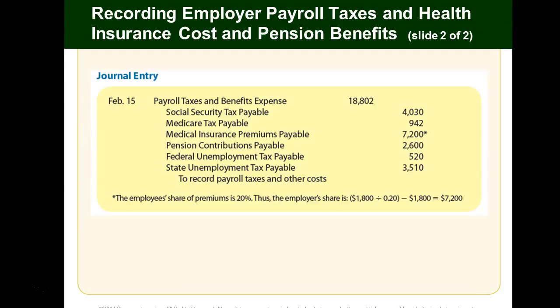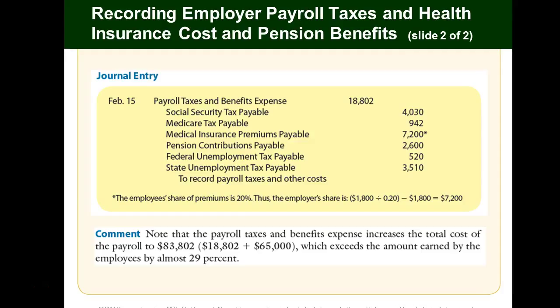So as you see in this journal entry, we debit the expense, payroll taxes and benefits expense. We credit the Social Security payable, the Medicare payable, the medical insurance premiums payable, the pension, the federal unemployment, the state unemployment. The moral of the story is, it costs a lot of money to have employees. But companies need them to operate, don't they?